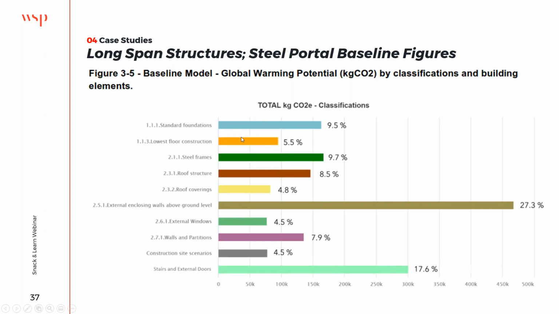You can see that the structure takes up circa 30% of the requirements. However, things like the internal enclosing walls are up at nearly 30% because over the whole life cycle they will need to be replaced after 20-25 years.